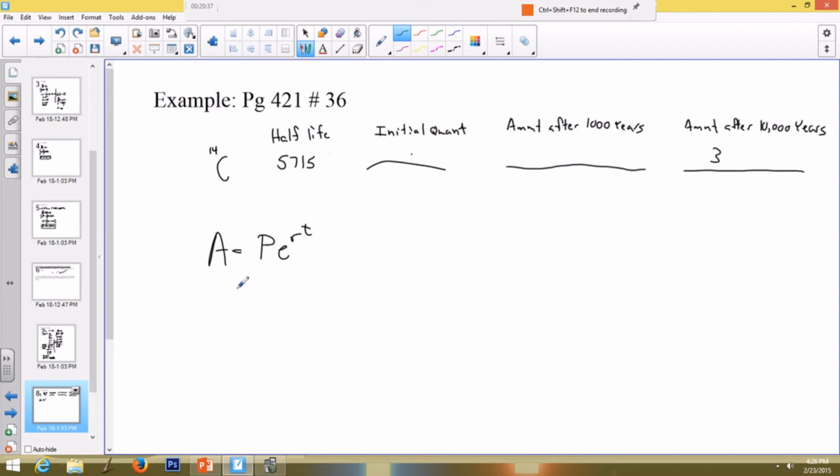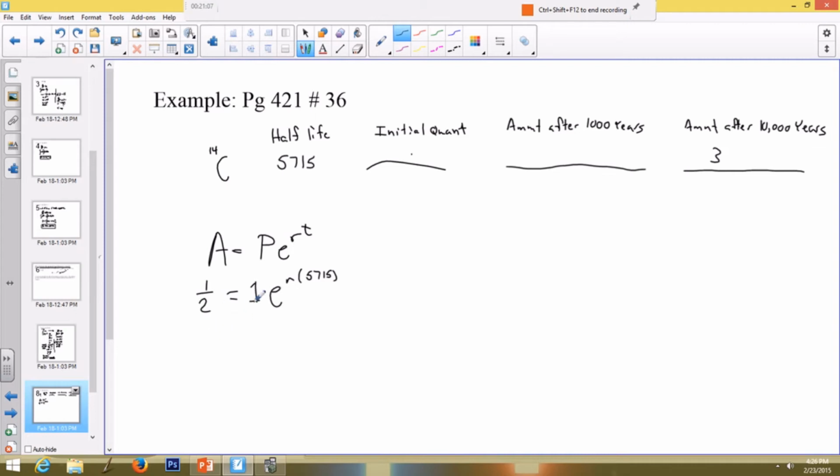So just to keep it easy, I'm going to start with 1 unit, whatever that unit may be. In 5,715 years, there will be 1/2 of that amount left, and we want to know the rate at which it's decaying. Now I only have one variable, the variable r.